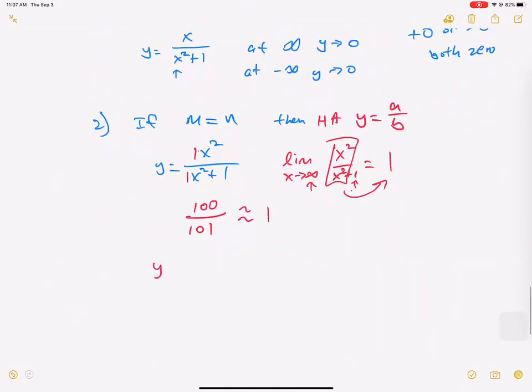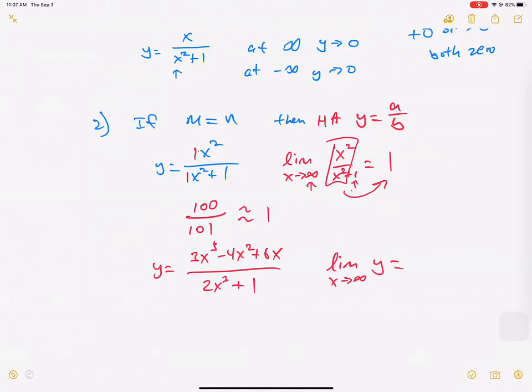Even if this was y equals 3x cubed minus 4x squared plus 6x, divided by 2x cubed plus 1. Okay, what's the limit as x goes to infinity of y?